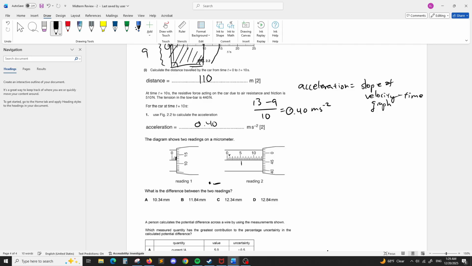That means each of these big ticks is going to be 1, and each of these small ticks is going to be 0.5. So in this case, it's going to be 1.5. And then we have to add whatever is on the side here, where it's perpendicular. In this case, it's 112, so plus 0.112, which is equal to 1.62.